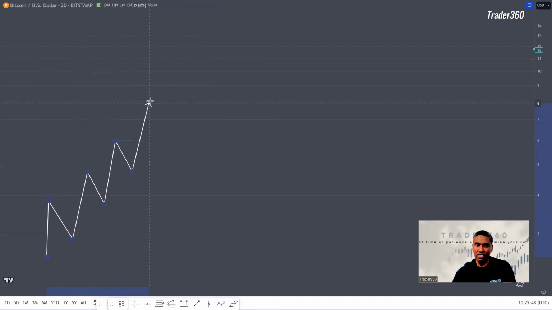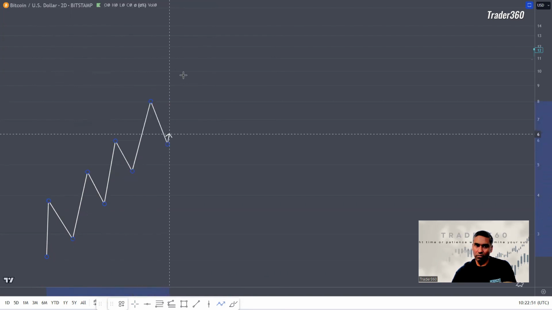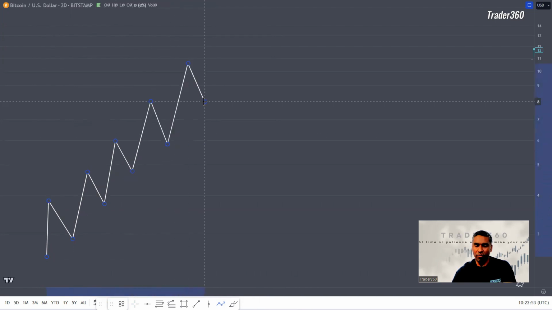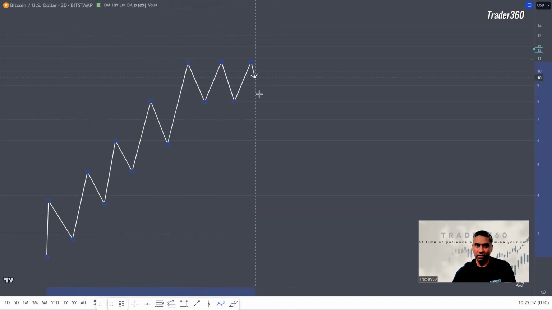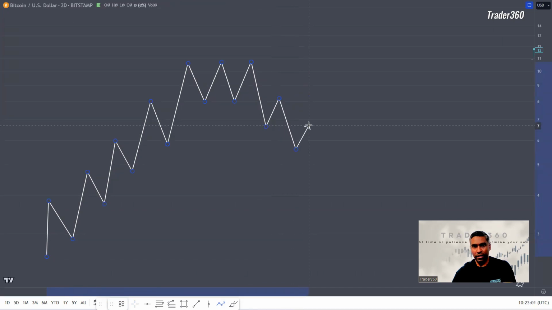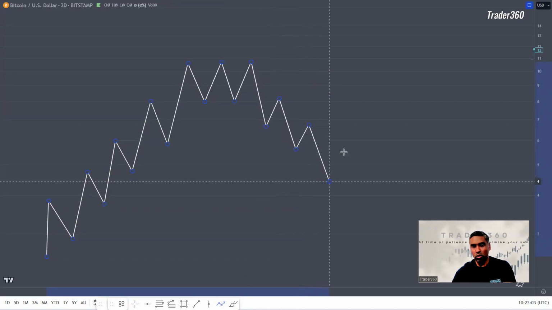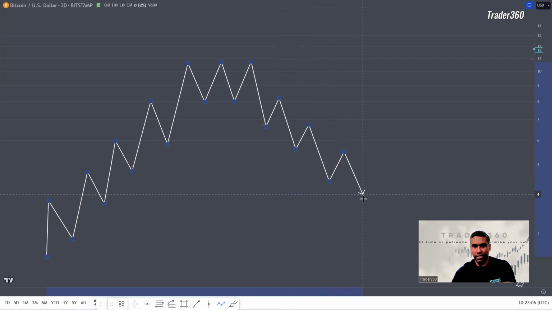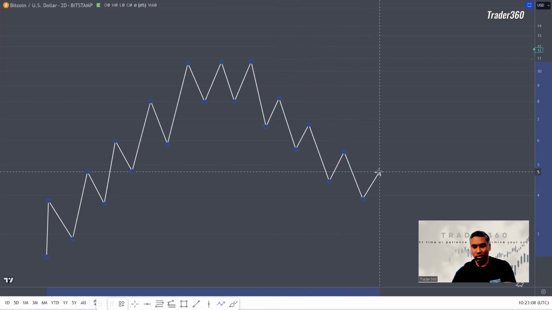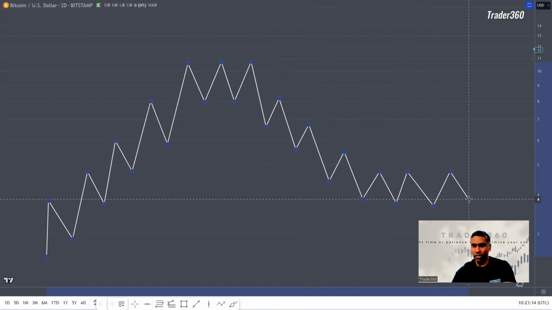So prices move in a very simplified form, something like this. In a wave-like pattern, they go up and they come down, but they don't go immediately up and immediately down. Rather than that, they go a little bit up and come down, and so on and so forth.